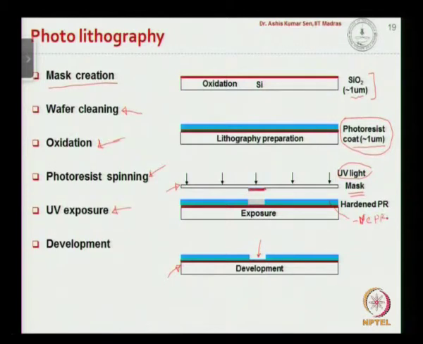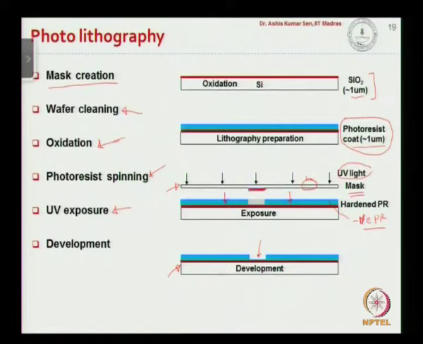If it is a negative photoresist, these areas of the mask are transparent to UV light, so these areas of the photoresist get exposed to UV light, they cross-link with each other, become hard, and do not dissolve when we go through the development process.